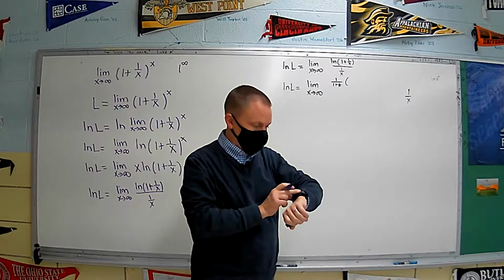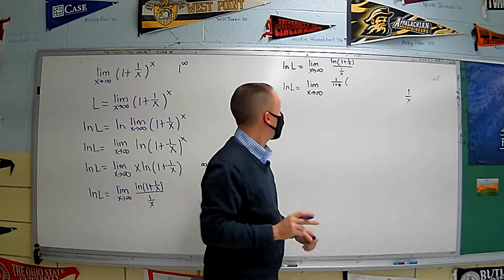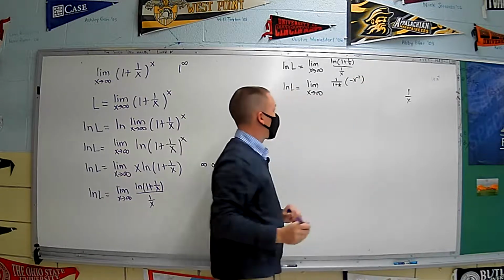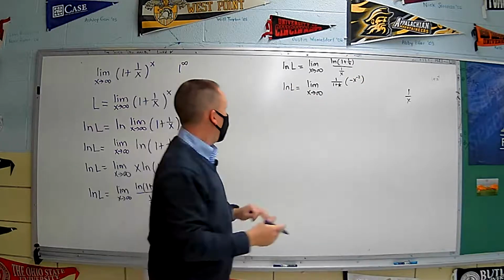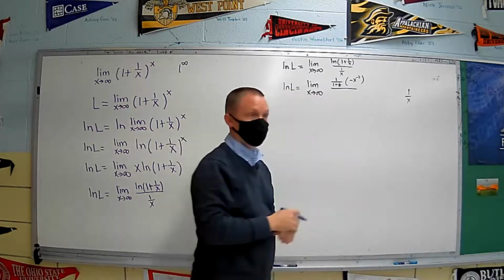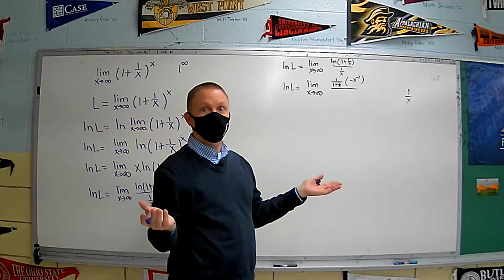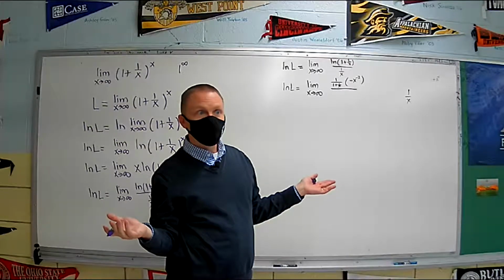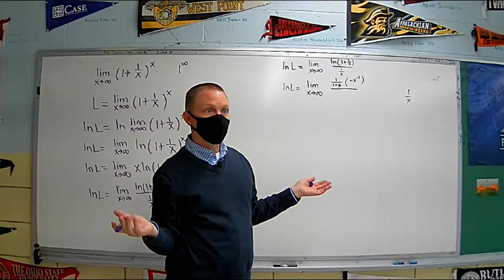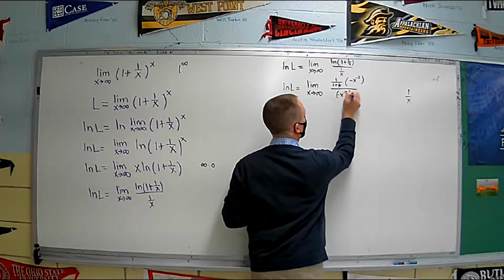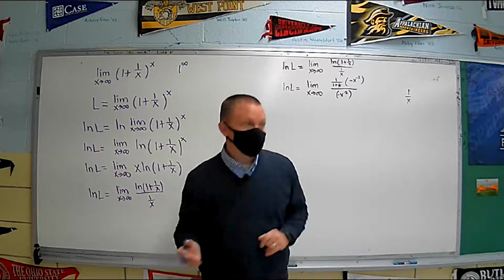Negative x to the negative 2. And then divided by the derivative of the denominator, which Samuel just told you: negative x to negative 2 again. All right.